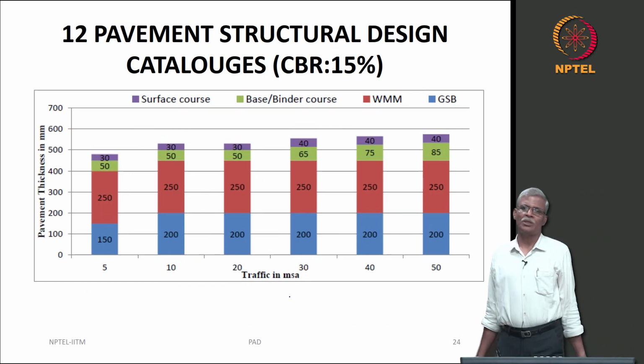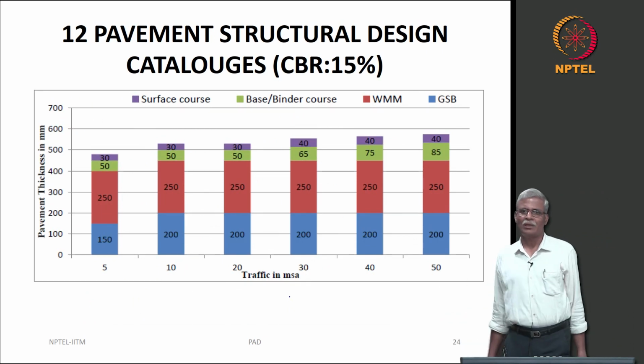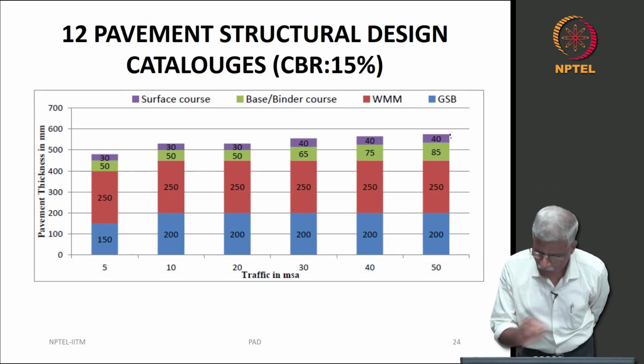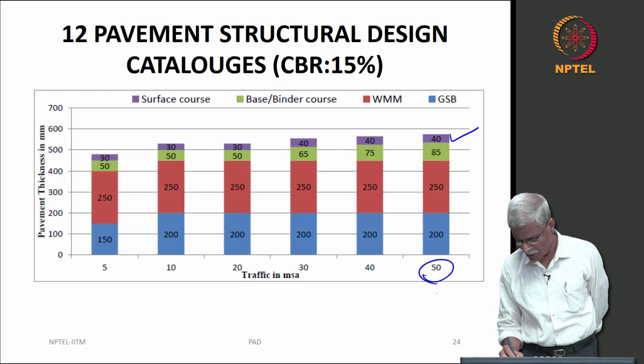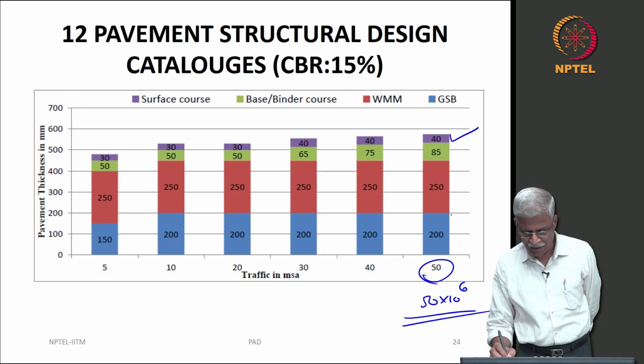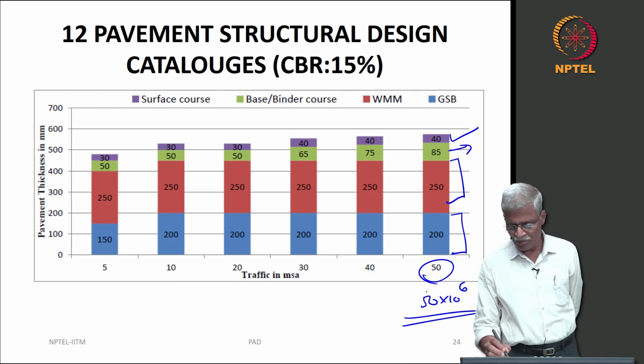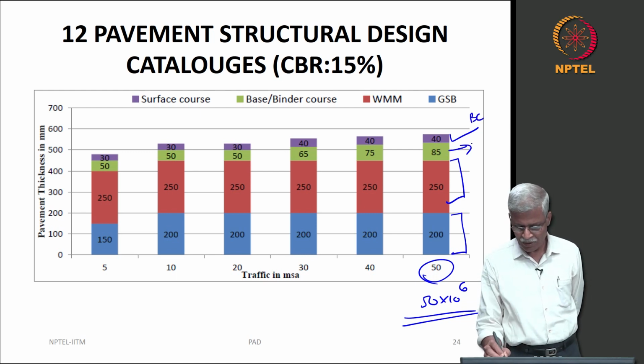Okay. Now, you see this design. This is where the main issue is. So there is a surface course of 40 mm, I am talking about 50 into 10 power 6. 200 mm is granular subbase, this is your wet mix macadam, this is your DBM, and this is your DC.